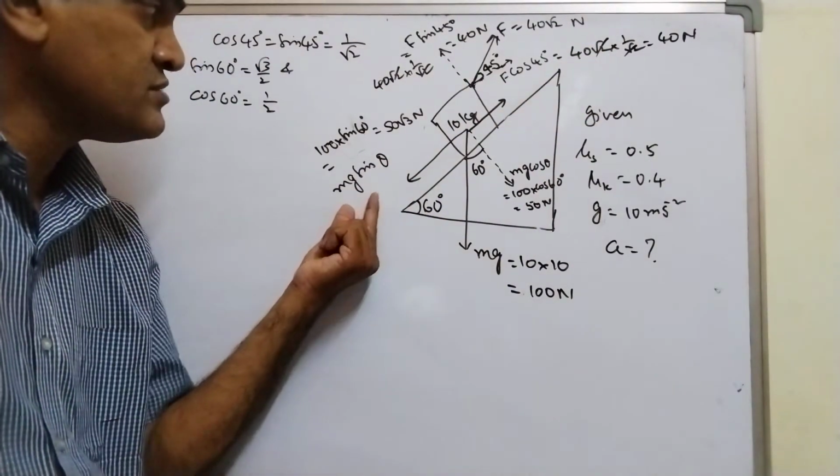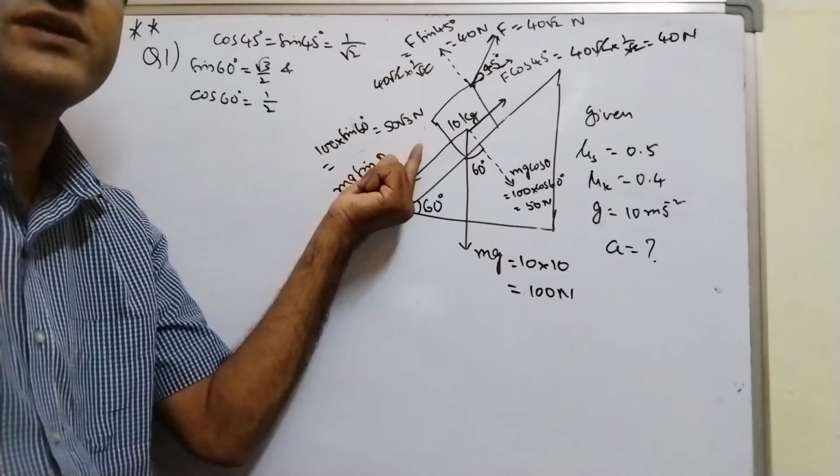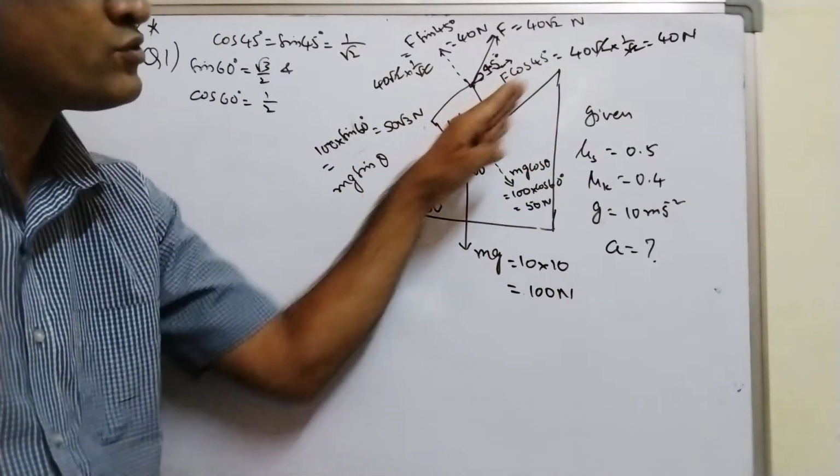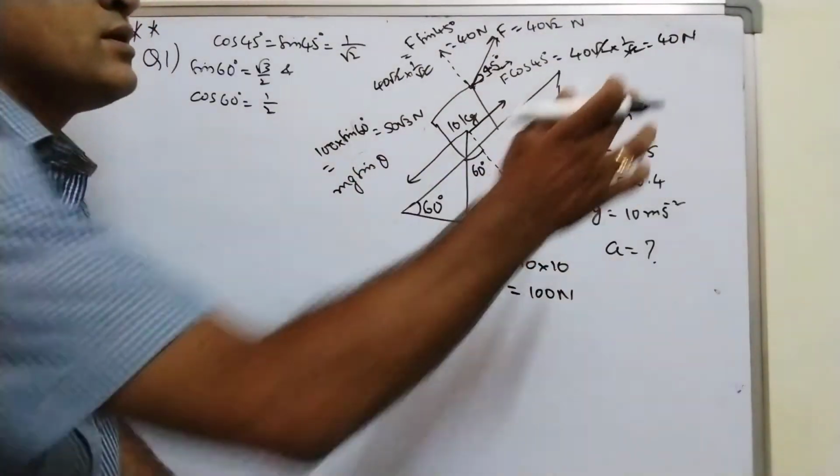If this 40 Newton is greater than the value of mg sin theta, then this block will move upwards. But here, what is the value of mg sin theta I got? 50 root 3 Newton. And what is the value of F cos 45 parallel to the inclined plane in the upward direction? 40 Newton.